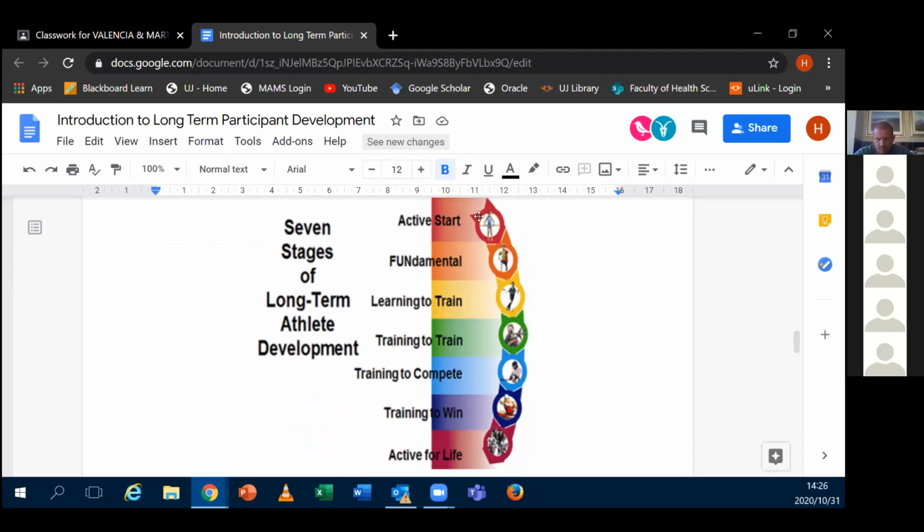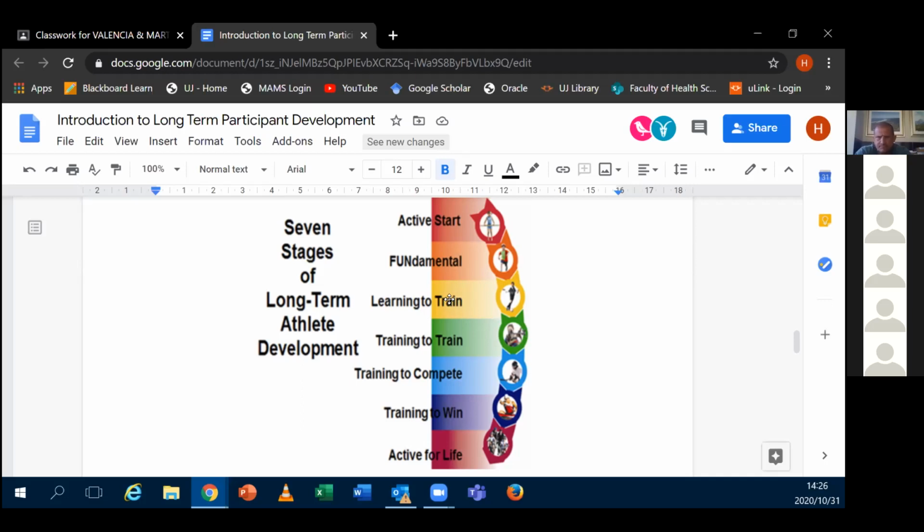So we start off with active start. We then move into the fundamentals. The most important thing here is that the kids have fun. Then they move into the learn to train. So what does it feel like for them to be involved in training sets that are structured, that have a plan?